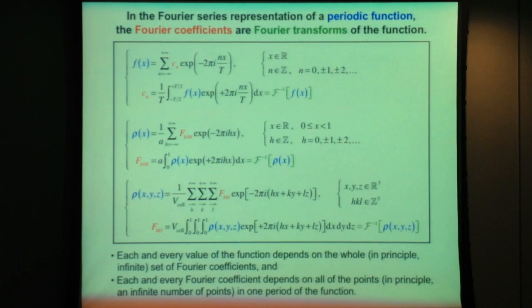So any error in our electron density distribution, for example missing atoms or some atoms in the wrong place, is going to affect the structure factor gotten by inversion of that density. Similarly, if we've got error in the measurement of the magnitude of the structure factors, it's going to have an effect on each and every point in that three-dimensional electron density distribution.